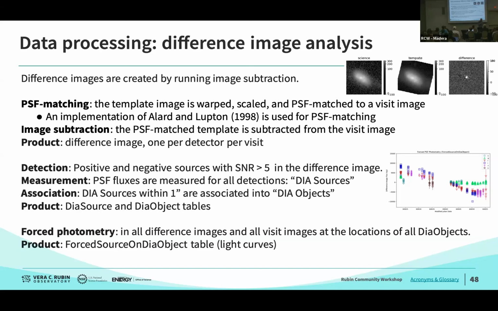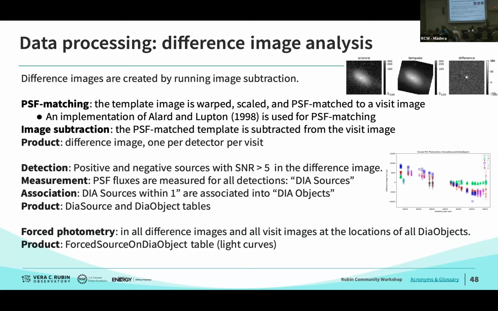And then we run the various measurement algorithms that you've heard about to measure the fluxes of all of those DIA sources. And then we associate all of the DIA sources from all of the difference images using a 1 arcsecond matching radius. And the superset of all of those combined is what we call the DIA objects.